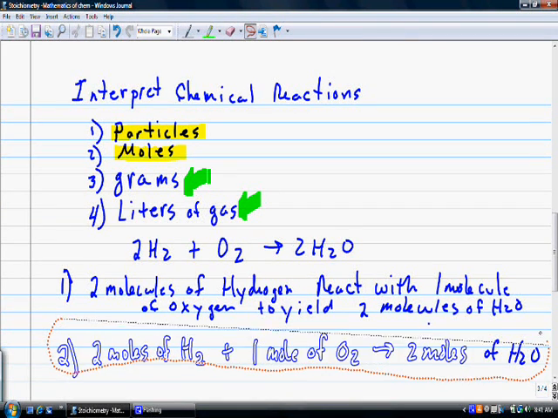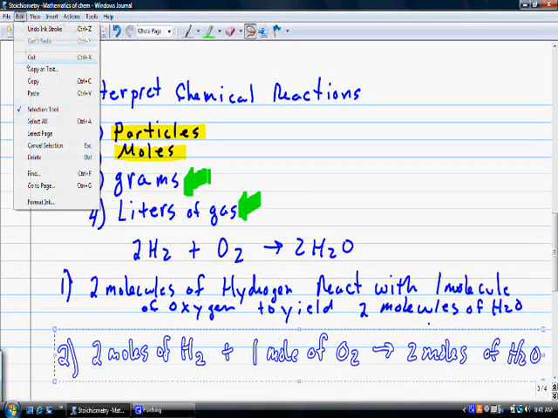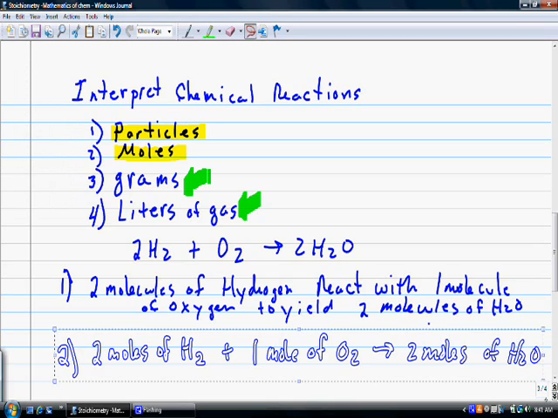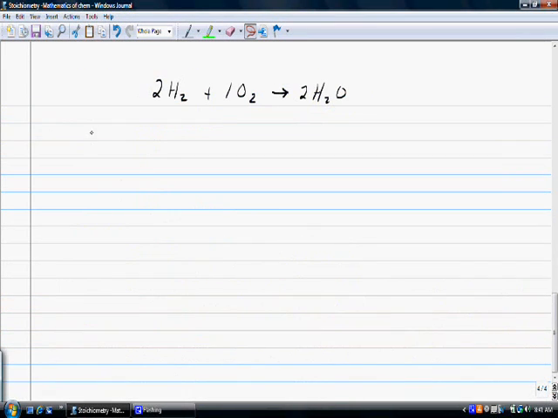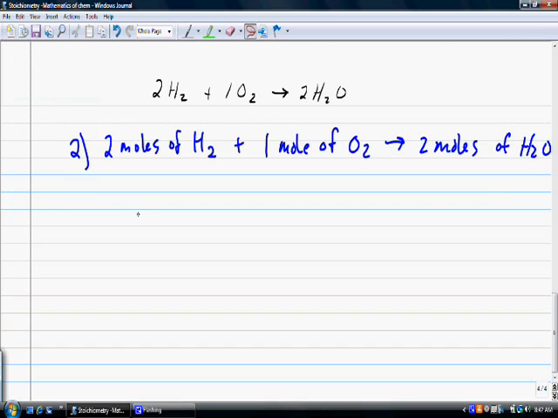And so let's use this interpretation: 2 moles of water, and we will continue from there. And let's interpret this in terms of grams.